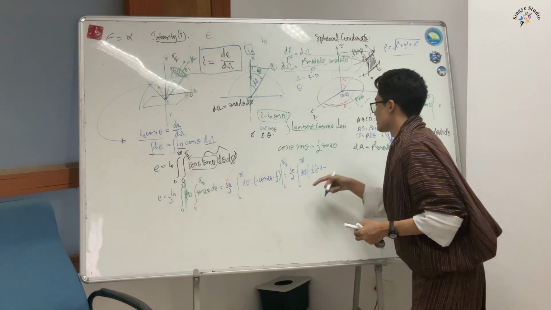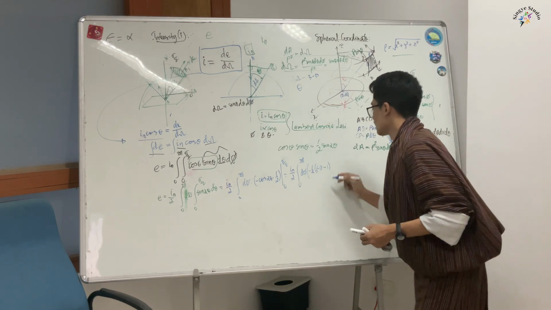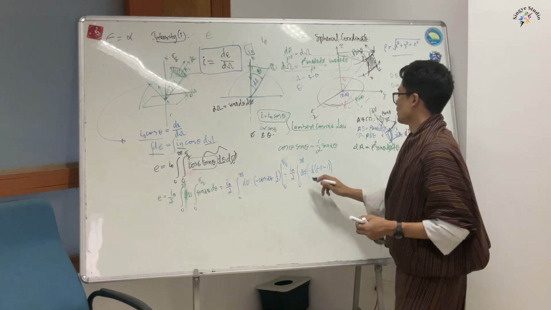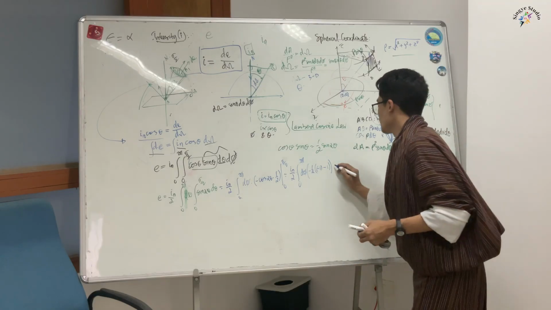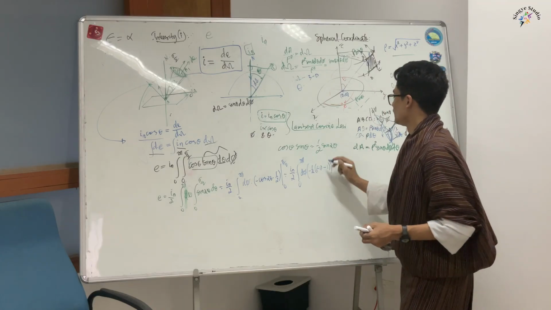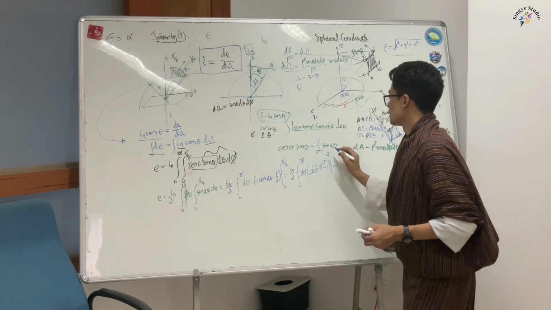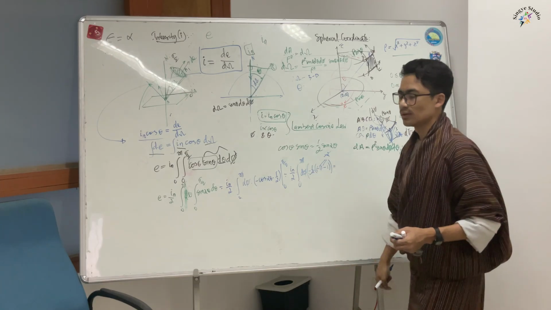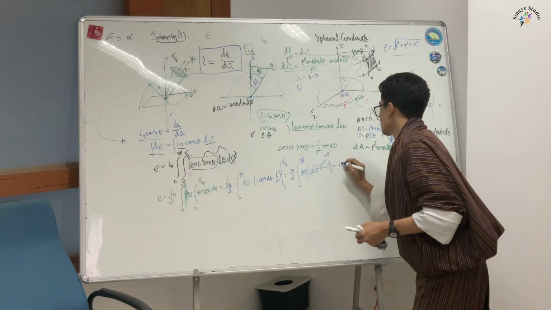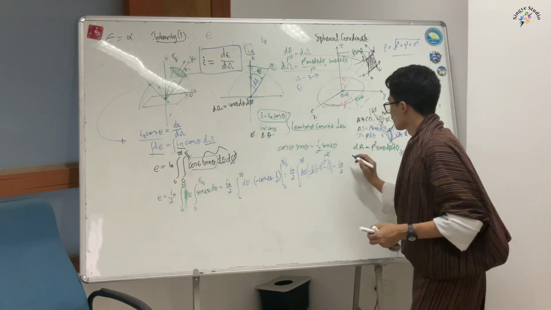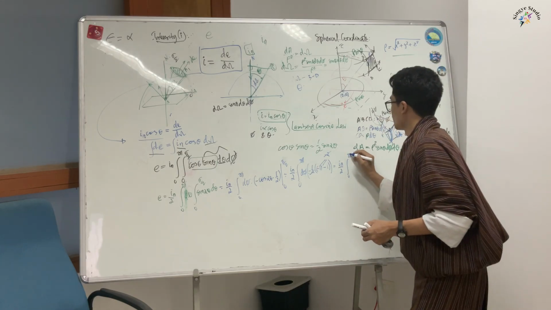Then I get cosine 0, which is 1. From here, you can see that this is minus 2 and this is minus 2, so it will get cancelled and return positive. Therefore, the only thing we are left with is In by 2, integral from 0 to 2 pi of d phi.